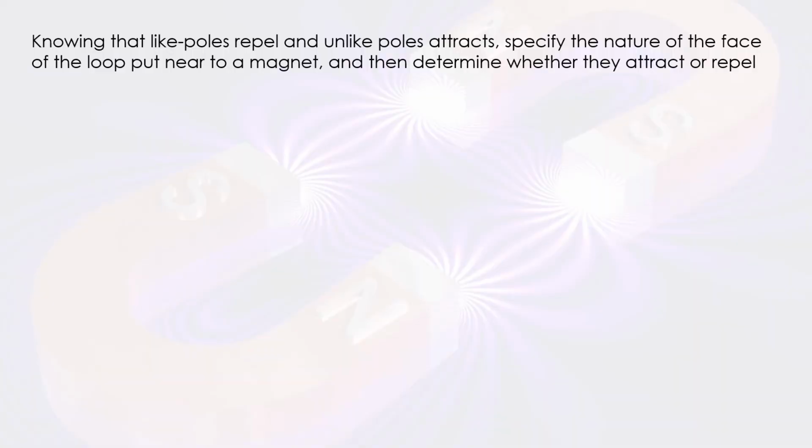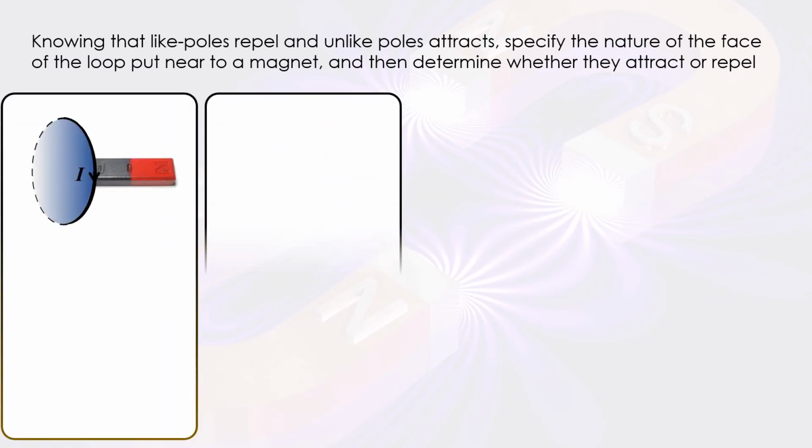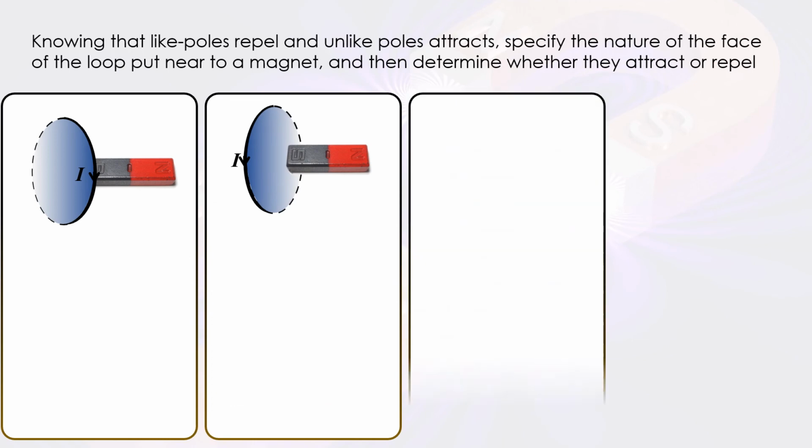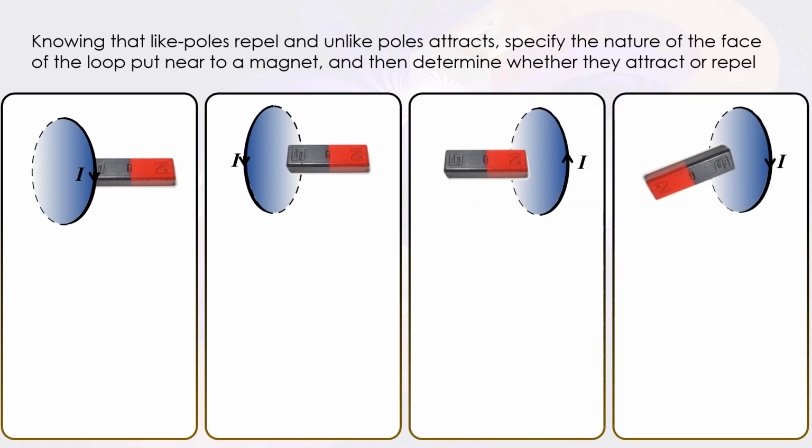Here is another nice application, just to make sure that you understand the idea of north and south poles of the loops of the solenoid. Consider 4 different scenarios in which we have a magnet placed close to a loop. When you look at the figure here, you notice that in each case, there is a current in the frontal side of the loop.